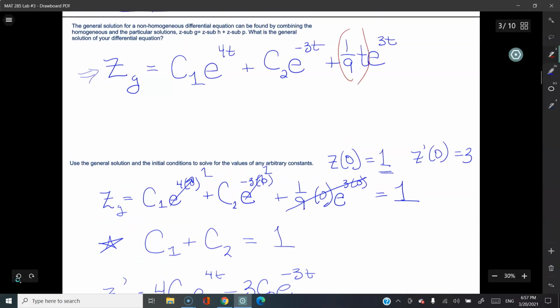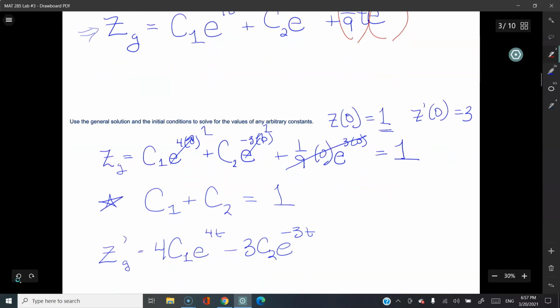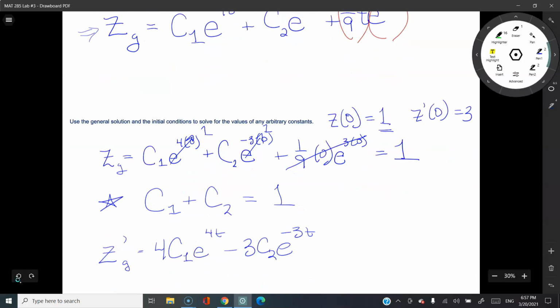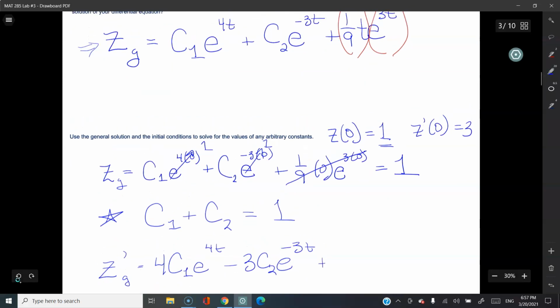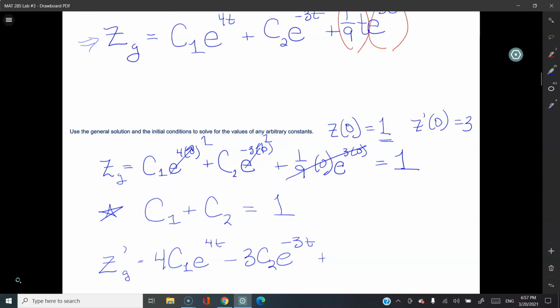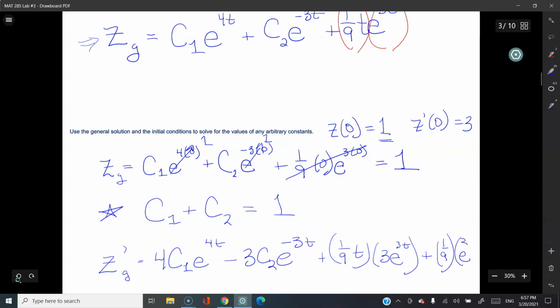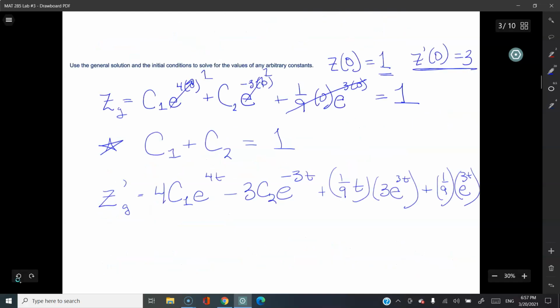We're going to think of it as 1/9 t times e to the 3t, and our derivative will have two terms to it. We will multiply the original first function times the derivative of the second function, and then the derivative of our first function times the original second function. And if we plug in 0, we should get an answer of 3.